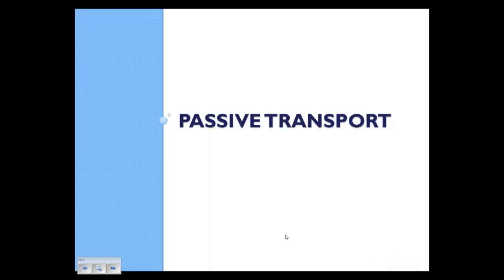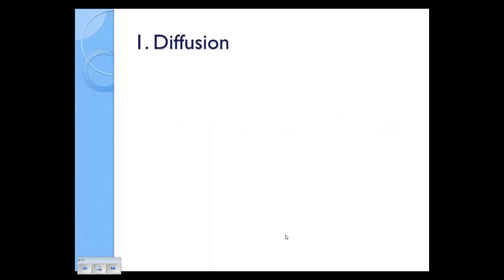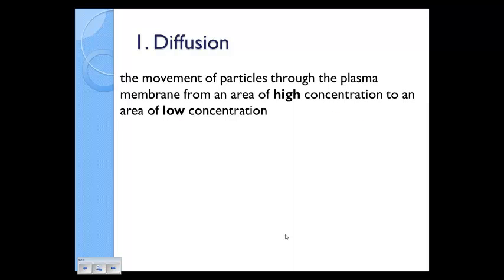We're going to begin talking about types of transport with passive transport. Remember, passive transport does not require any energy from the cell. The first type is diffusion. Diffusion is the movement of particles through the plasma membrane from an area of high concentration to an area of low concentration.